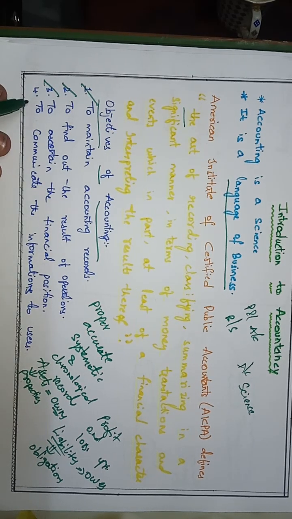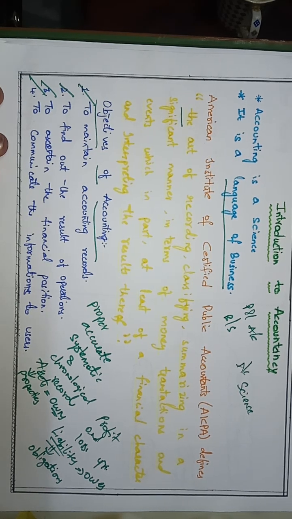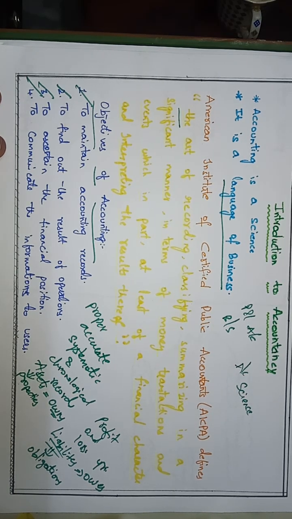Then next, to communicate the information to the users. Generally, at the end of every financial year, the period at the end of which we close our accounts, financial statements are prepared. For example, profit and loss account, balance sheet.